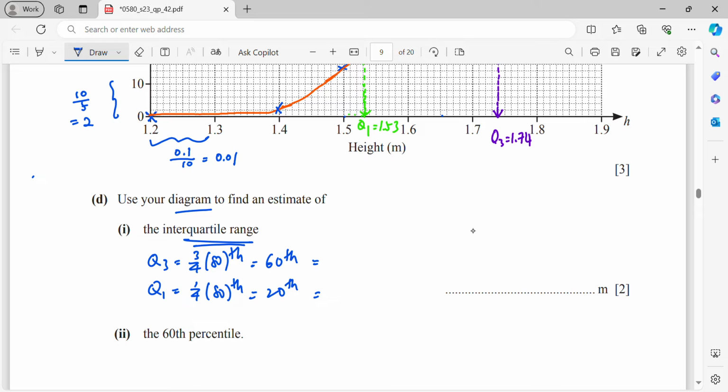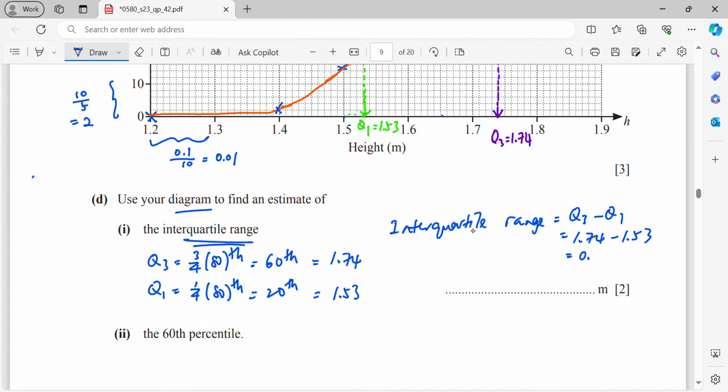So Q3 is 1.74, Q1 is 1.53. So the interquartile range is the difference of these two values. Interquartile range is Q3 minus Q1. Therefore, 1.74 minus 1.53. Then I will get 0.21. So that is my value based on my graph.